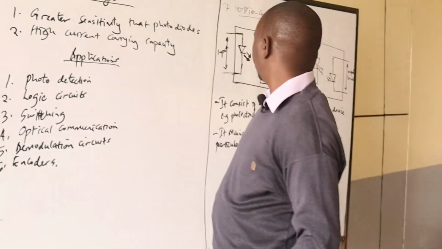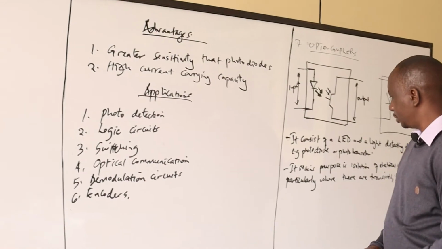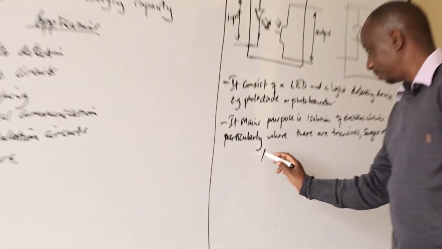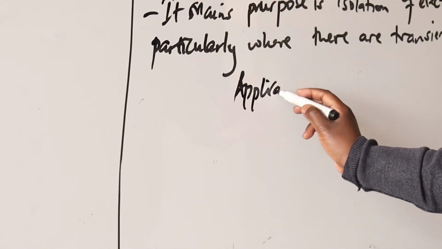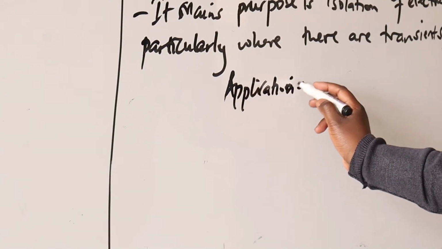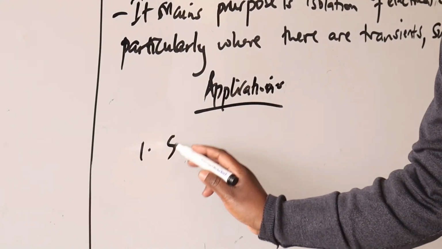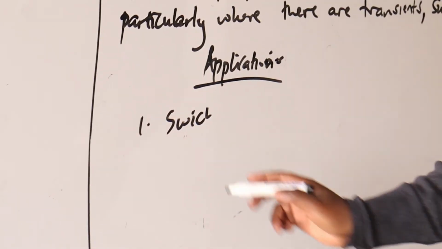We're going to the last device. So let me just give you some map of the applications here before we proceed. Applications. Number one, electronic devices.